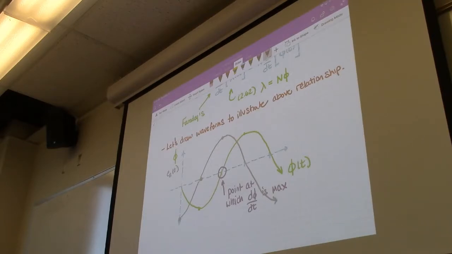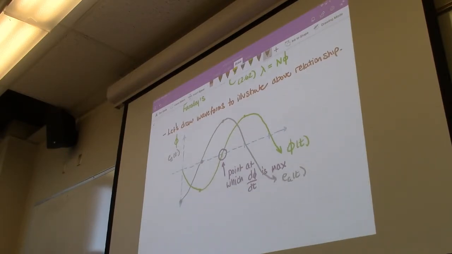So that is going to be our EA of t waveform. Both are going to have the same period, not the same phase, sorry, and they don't necessarily have the same amplitude. I've tried to show that by making their heights a little bit different from one another.